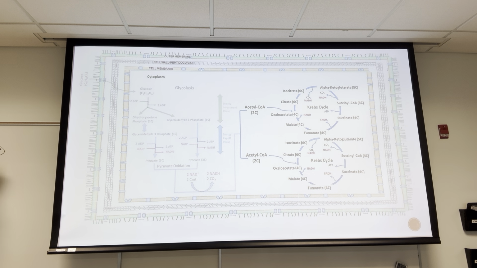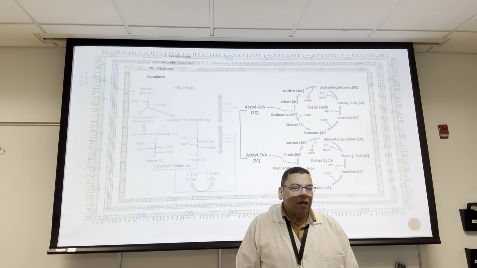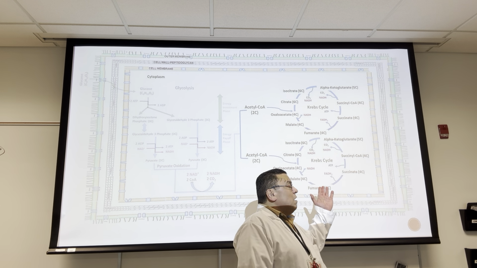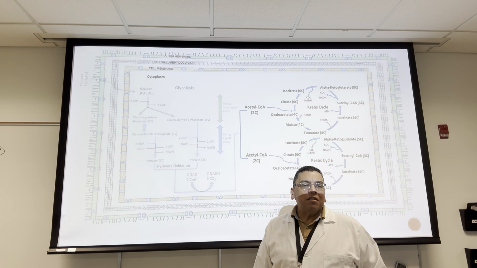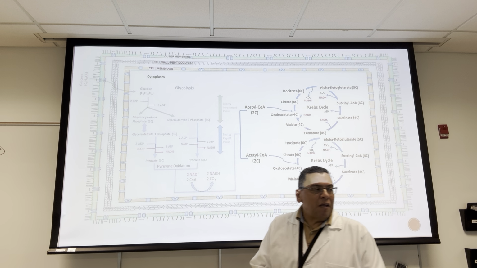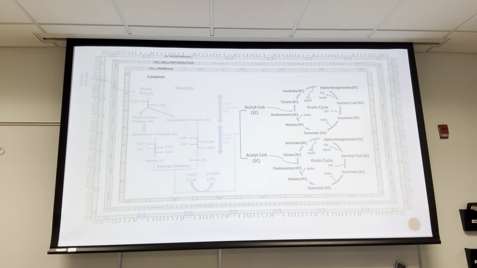Very good. Did we make any other ATPs? Where? In the Krebs cycle. How many total? 2. By what process? Also SLP. 2 more ATPs, but now it's Krebs cycle, also by SLP.